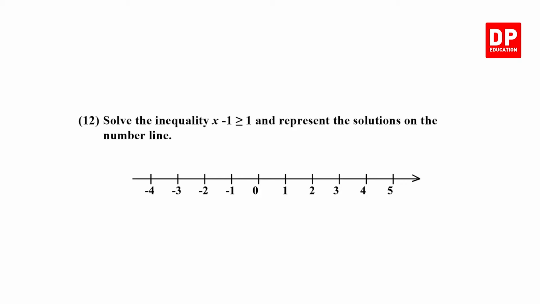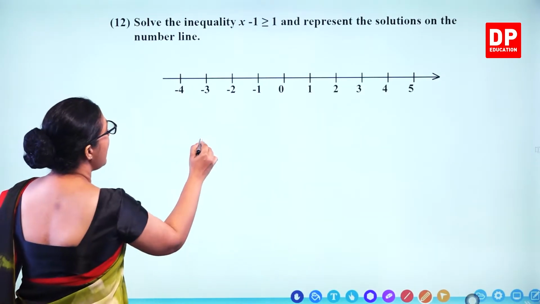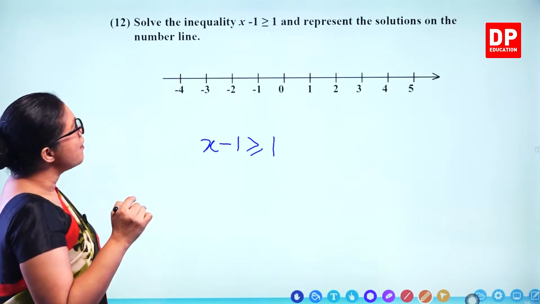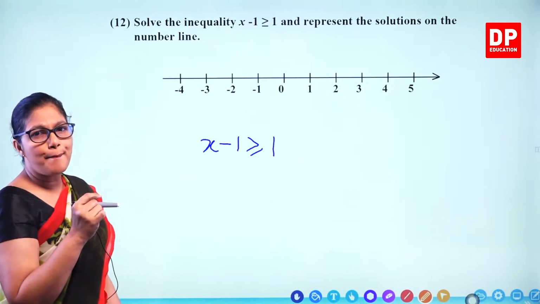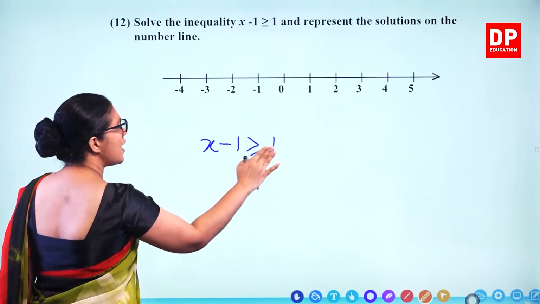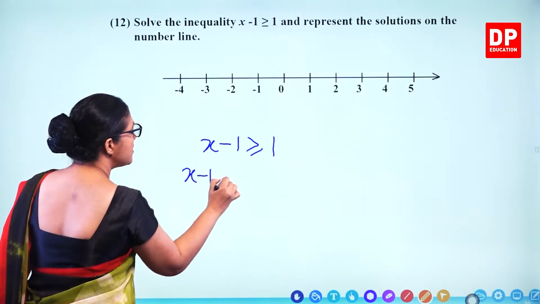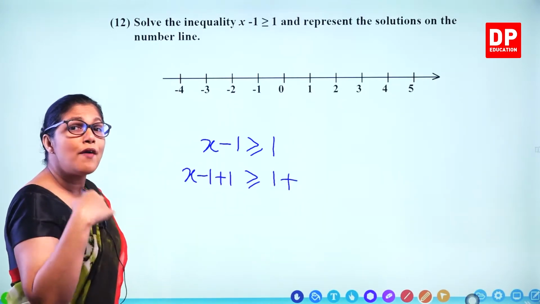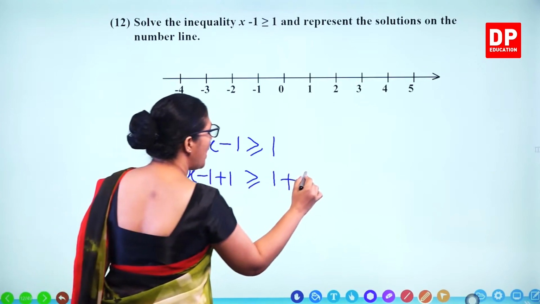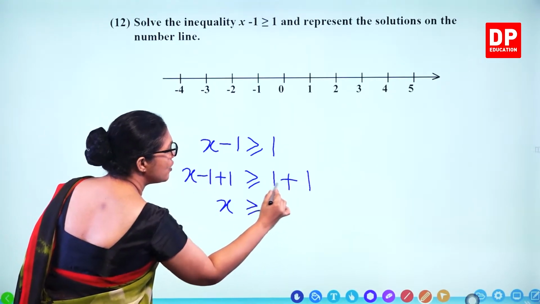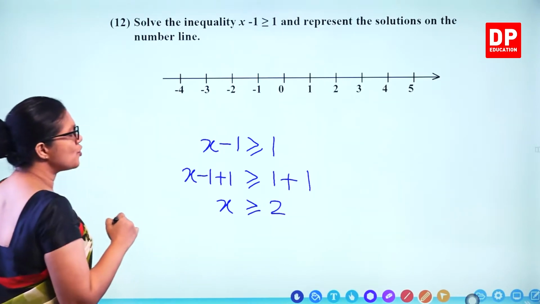Question number 12. Solve the inequality x minus 1 greater than or equal to 1 and represent the solutions on the number line. So how you solve this? Minus 1, you have to take it to the other side. That means you are adding 1. When you do for one side, you have to do that for the other side as well. So here you get x greater than or equal to 1 and 1 becomes 2.